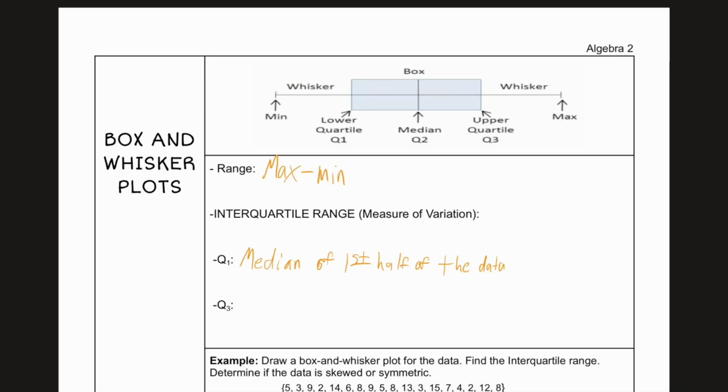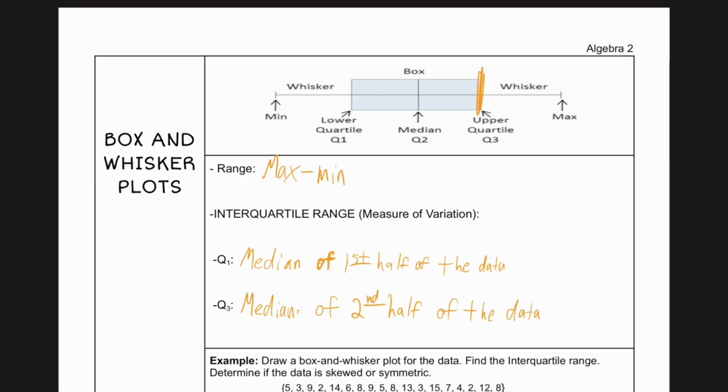So you separate the data into 2 halves, and you say, okay, of this first half, where's the middle? And of the middle of that first half, you call that quartile 1, or the lower quartile. And quartile 3 is the same idea, so it's the median, but rather than being the median of the first half, it's the second half of the data.